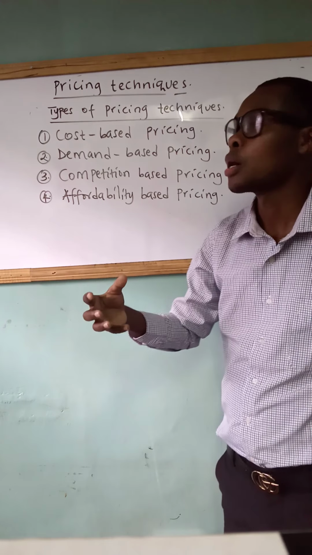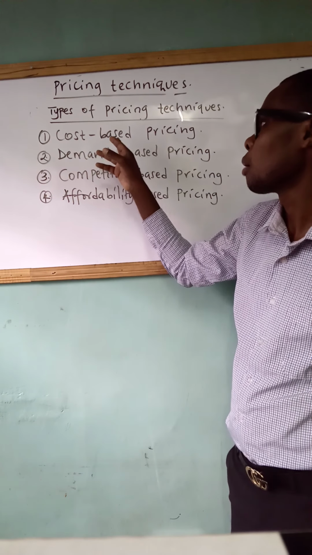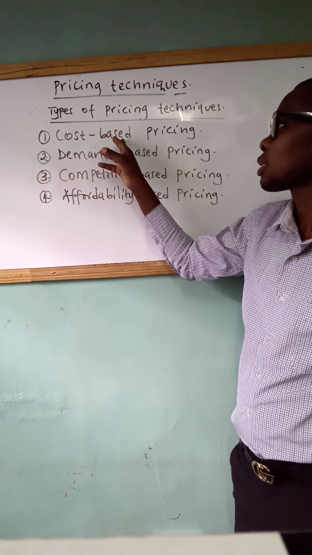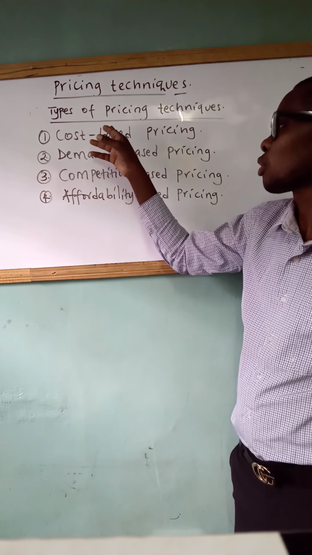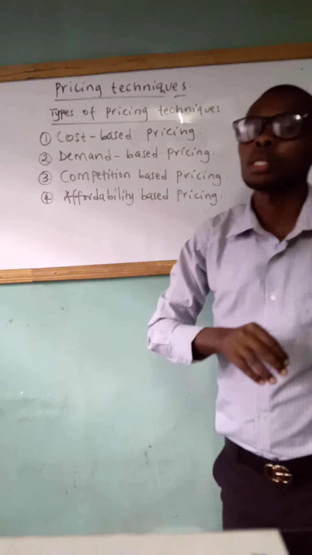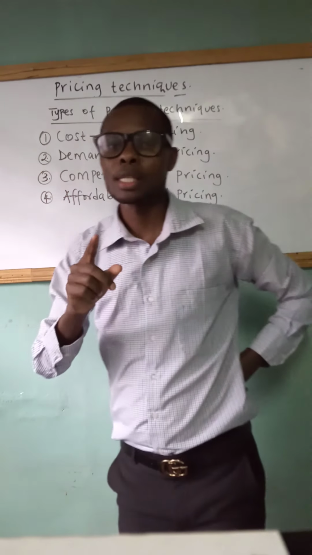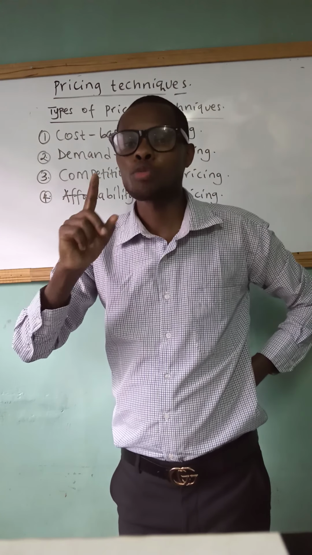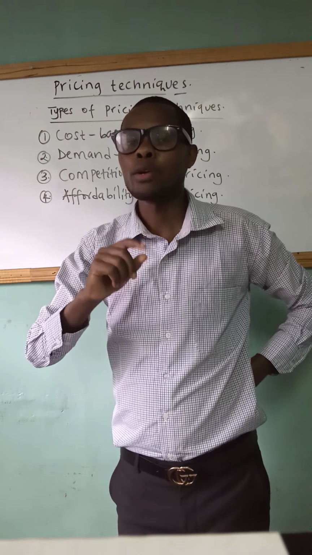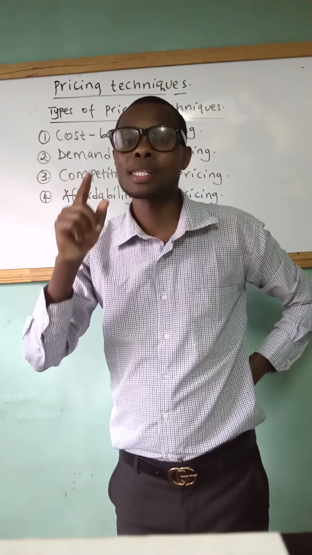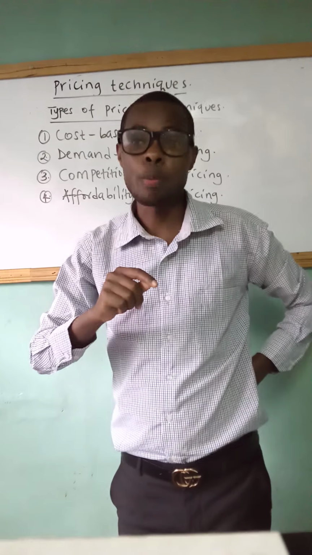And then from there, we shall have the price that you are going to sell that product at, determined by the cost of production. Now, for example, let me assume that I used 100 shillings to produce a loaf of bread. I am not going to sell that bread at 100 shillings. I must consider the profit that I'm going to make.